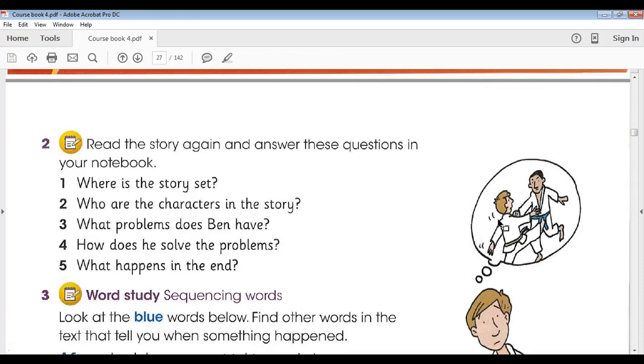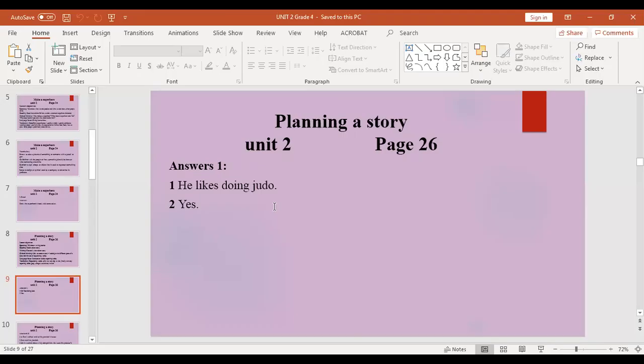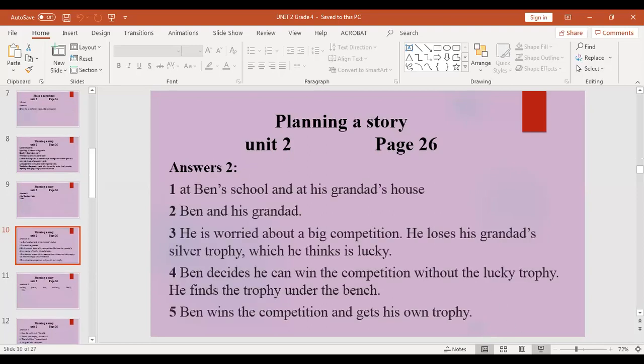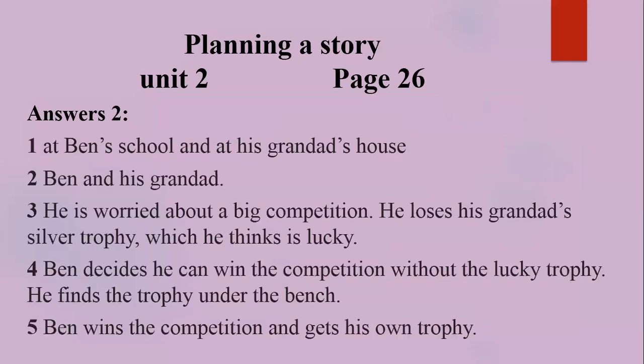And question 5, what happens in the end. As I mentioned earlier, I asked these questions to the class and students answered accordingly. Then after the verbal discussion, we solved answer 2, and these are the answers to questions 1 to 5, exercise 2.